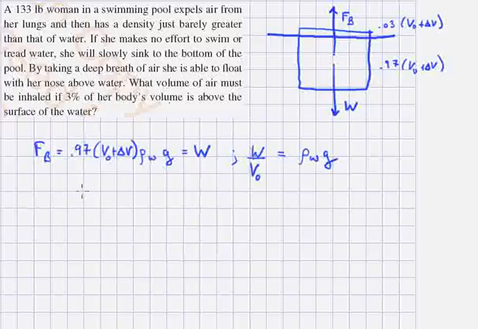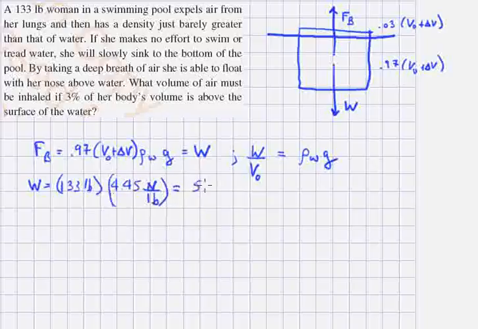So the only other thing we should do maybe before we start is to convert the weight of 133 pounds to newtons. And that's very simply done with the conversion factor. 4.45 is roughly the right factor, newtons per pound. And that gives 592 newtons. Okay, so using this converted into newtons now allows us to solve for V naught.